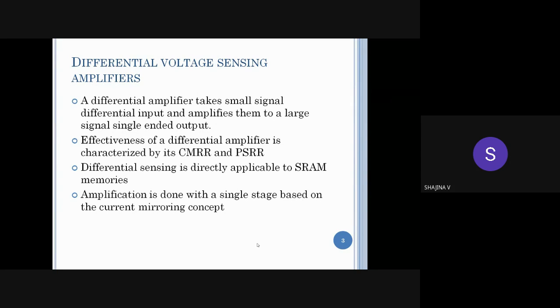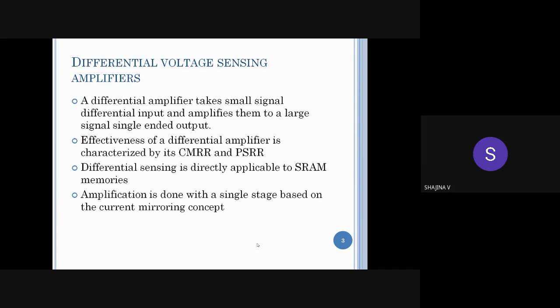That ability to suppress noise signal is called common mode rejection ratio. In a differential amplifier we take two different inputs and the difference of which is amplified. A common signal means a signal common to both inputs, and that may be noise. So it is the ability of the differential amplifier to suppress the noise signal at the output of the amplifier.